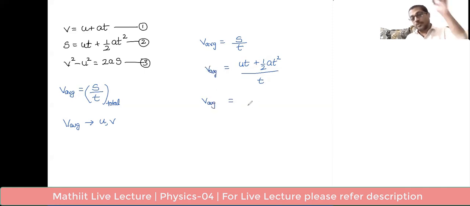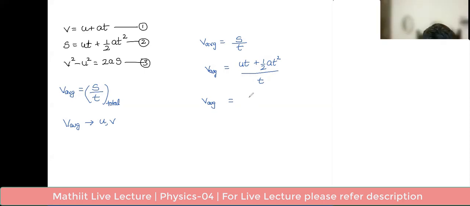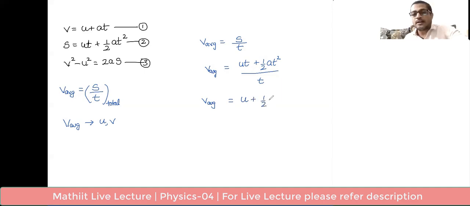Can anyone tell me what we get after this division? u + (1/2)at, because you take t common outside and then cancel. Call this equation 1.